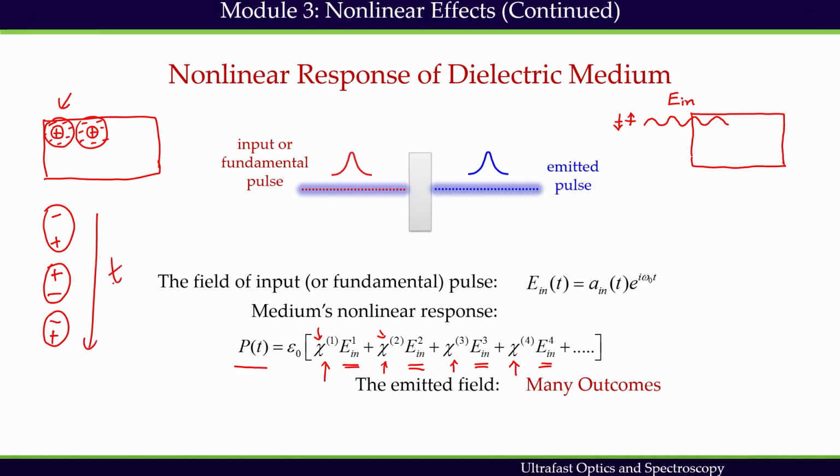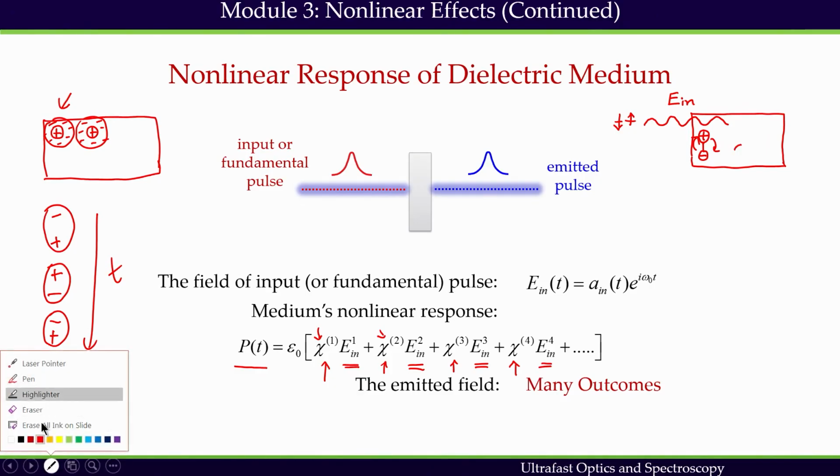So what is going on in the end is that the dielectric medium is behaving like an oscillatory dipole, and any oscillatory dipole will create new radiation, and that is the emitted radiation which we see. This dipole will oscillate, and due to this oscillation, I create a new beam that is called the emitted beam.